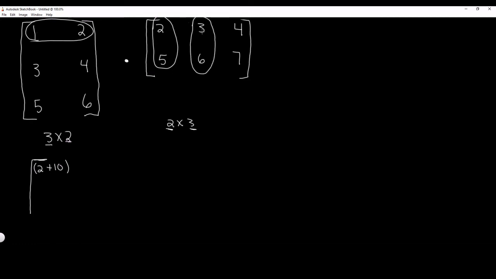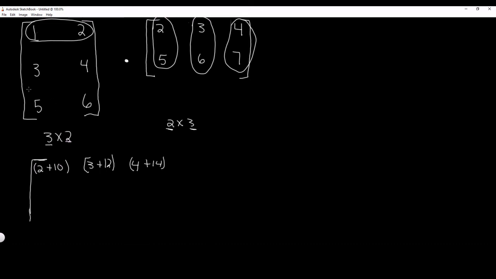So 1 times 3 is 3, plus 2 times 6 is 12. And then we go back to our first row by our third column. 1 times 4 is 4, plus 2 times 7 is 14. And we have successfully completed our first row.